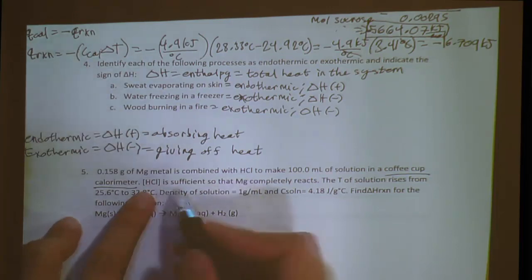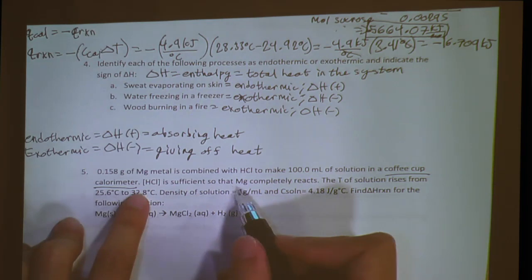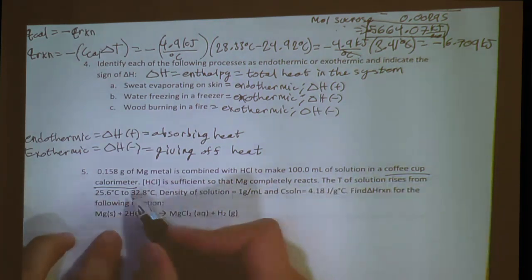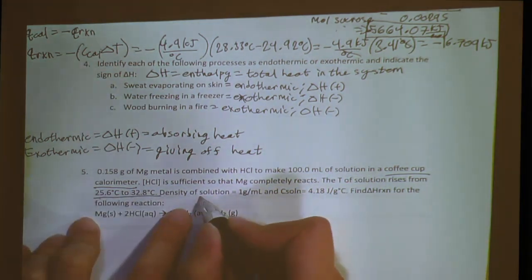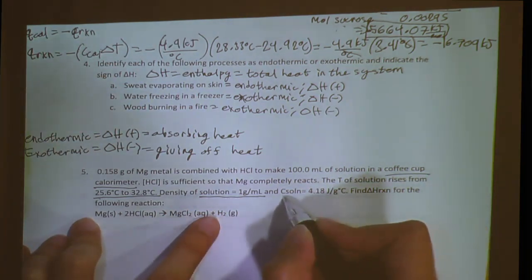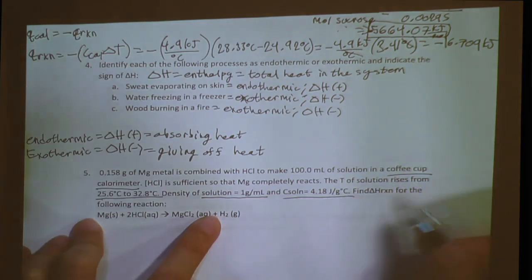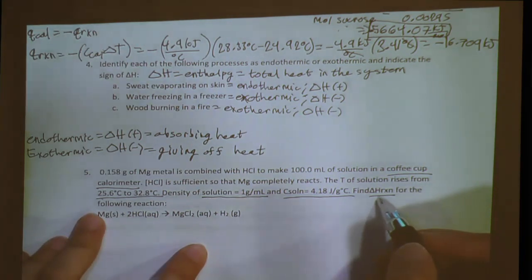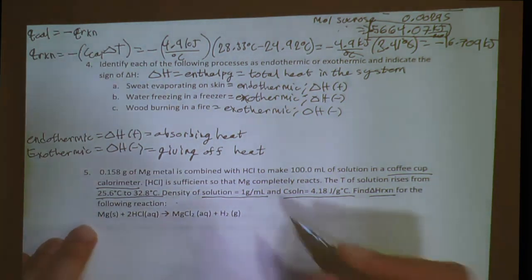The concentration of HCl is sufficient so that the magnesium completely reacts. The temperature of the solution rises from this to this, and they give that the density of the solution is 1 gram over 1 milliliter. They have that the specific heat is equal to 4.18 joules per gram. We're asked to find the change in H reaction for the following equation down here.